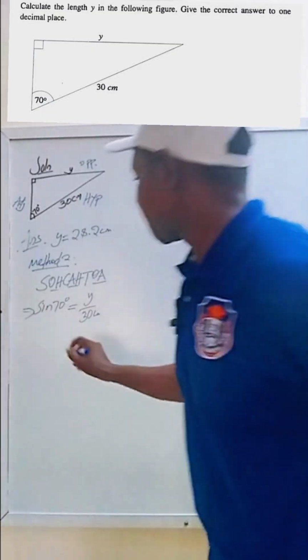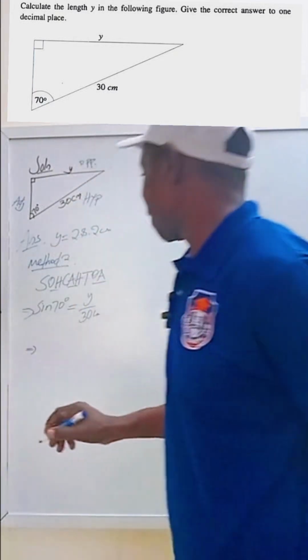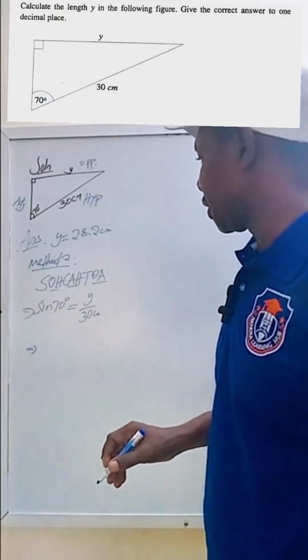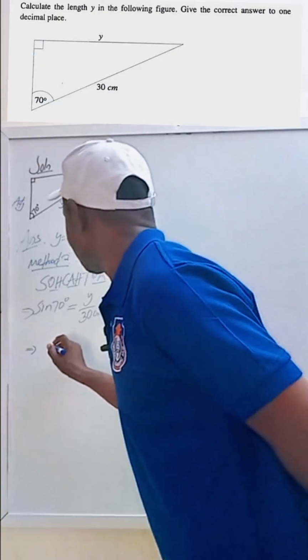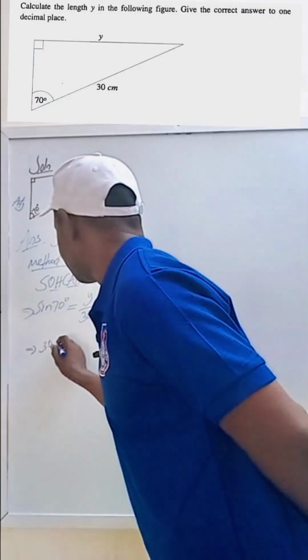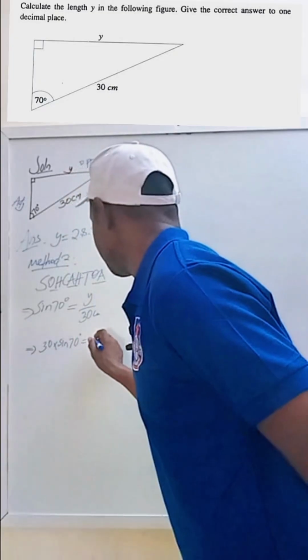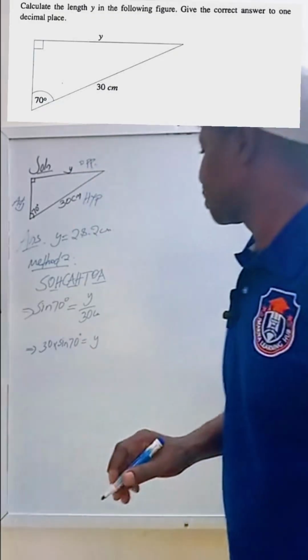We can make y the subject of the formula by multiplying through by the denominator of y over 30. So we shall have 30 times sine of 70 degrees equal to y.